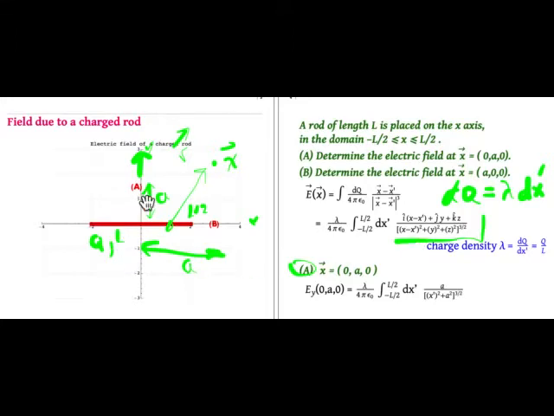Well, x is 0 at this point. Minus x prime squared. So that'll be x prime squared. Plus y squared. And now y is equal to a. So plus a squared. Plus z squared, but z is 0, because A is a point in the xy plane. So the denominator here is just x prime squared plus a squared to the 3/2 power.